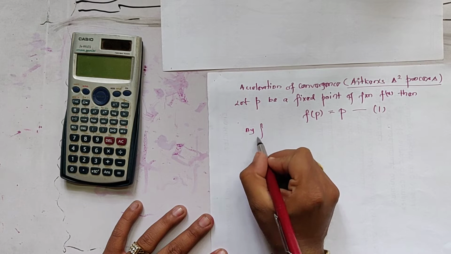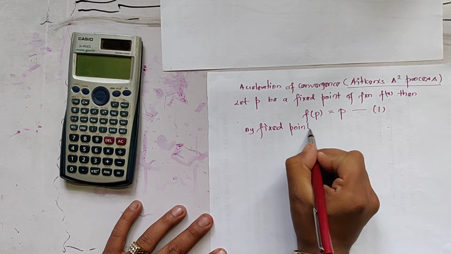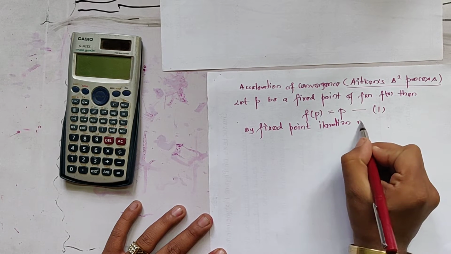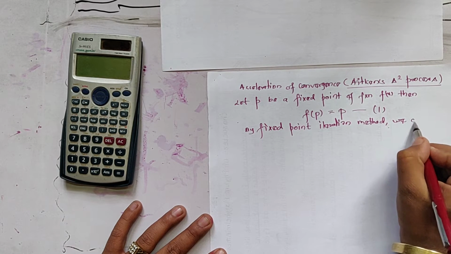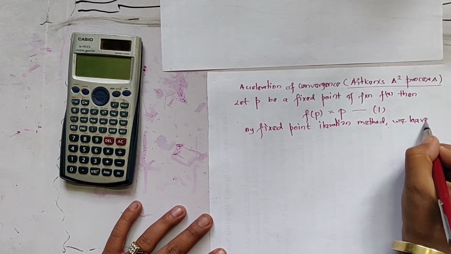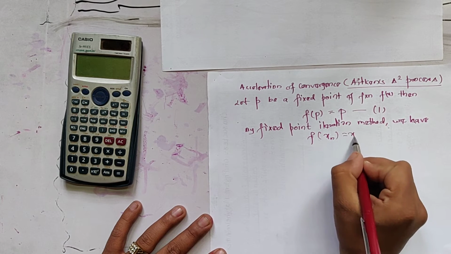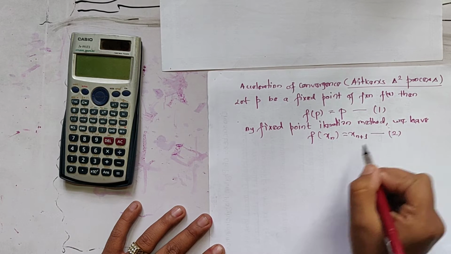Again, by fixed point iteration method, we have f(xn) equals xn plus 1. So this is equation 2.